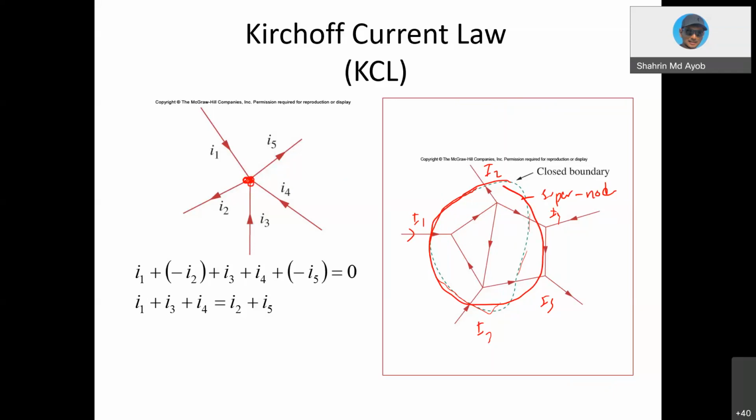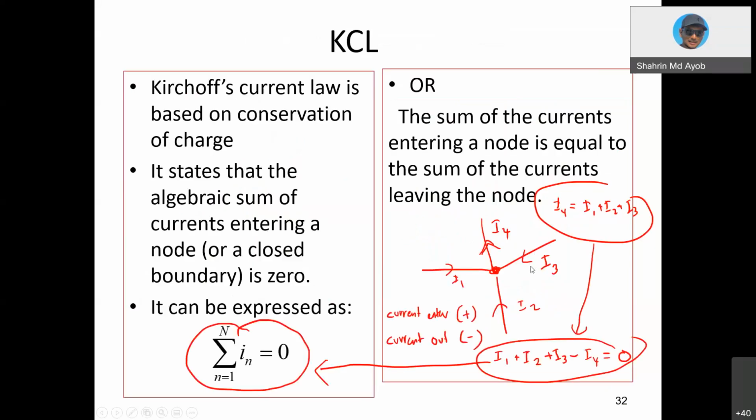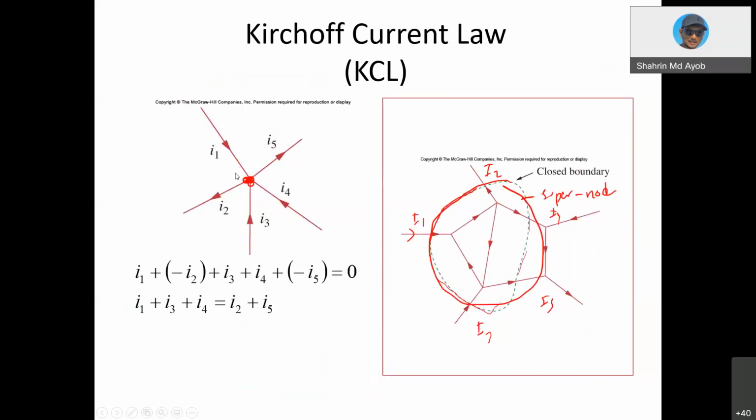This is what we have discussed before. As you can see, I1, I3 and I4 are entering, so we have positive I1, positive I3, and positive I4. While I2 is going out and I5 is also going out, so we have negative I2 and negative I5.